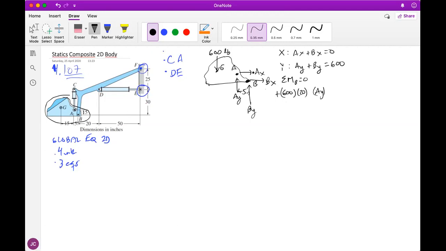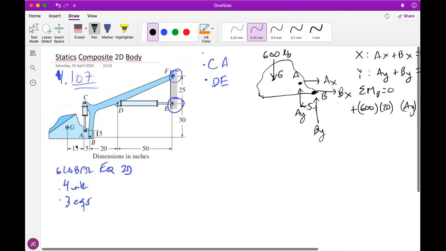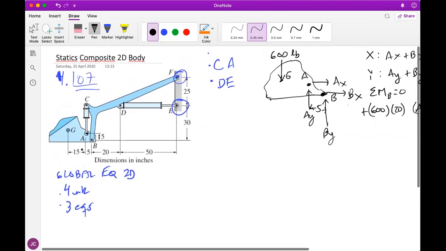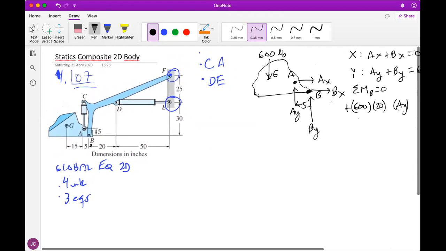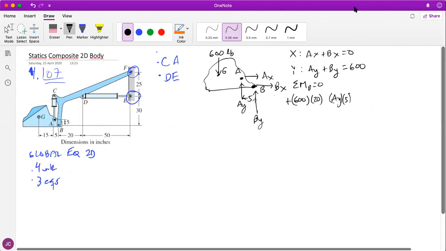I'm gonna erase this so you can see clearly that I'm using the 15 plus 5, and that will give me a 20 in this case, and in this case I need to just multiply by 5 because it's the distance that will get me from B to A.